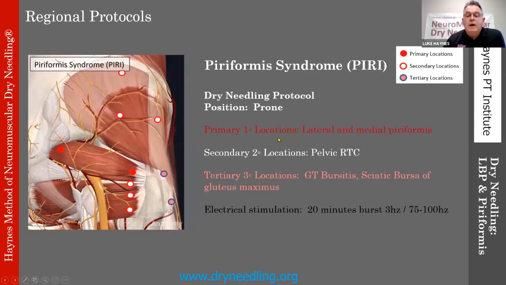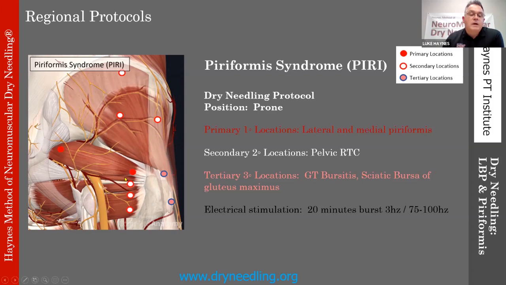Piriformis syndrome, primary, always I'm going to go after the piriformis laterally first. I wouldn't recommend anyone dry needling the piriformis medially until you've had a significant number of needle sessions, and we're talking several hundred needling sessions before I'd go medial.